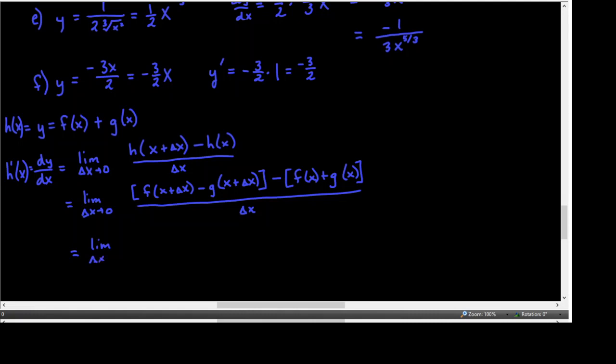So what I'd like to do now is get all of the f things together, separated sort of from the g things. So I'm going to say f of x plus delta x minus f of x. Okay, that's the f stuff.